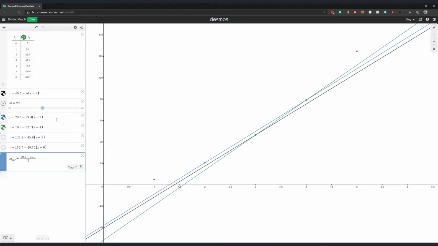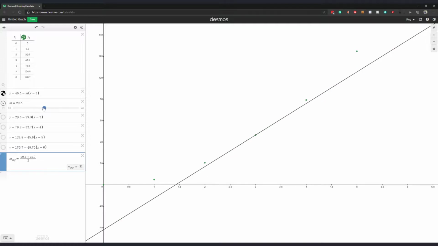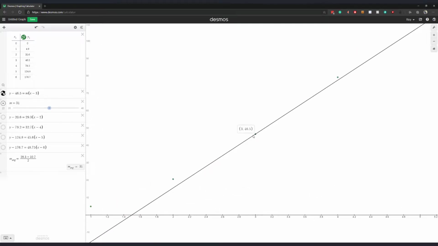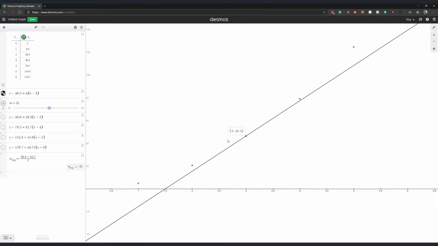So if I turn back on our tangent line, turn off these silly ones, and I change that slope to 31, it's saying that the slope, the instantaneous velocity, or the slope of the tangent line at time 3 should be about 31. And that might be actually correct. I would say it's probably less than that. Again, maybe around 29.